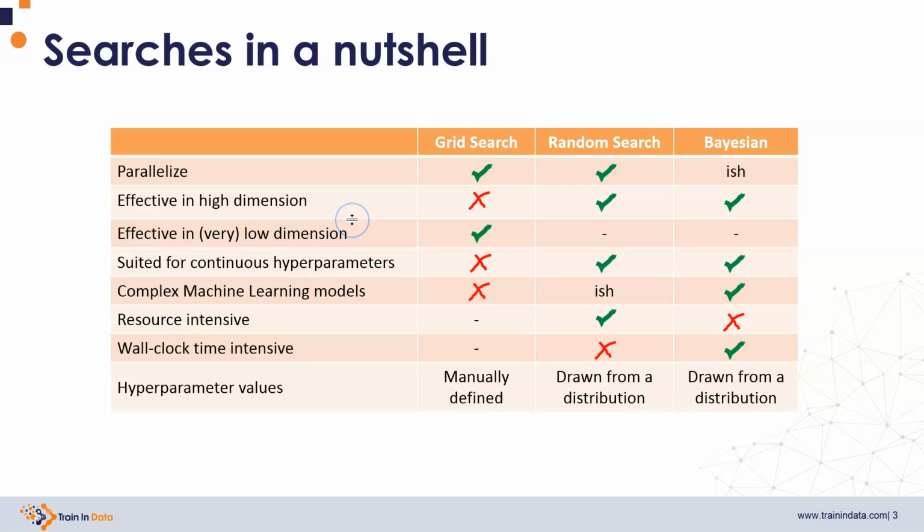So some people would argue that Bayesian optimization is useful in moderate dimensional spaces instead of very high dimensional spaces. But we will discuss that later on.